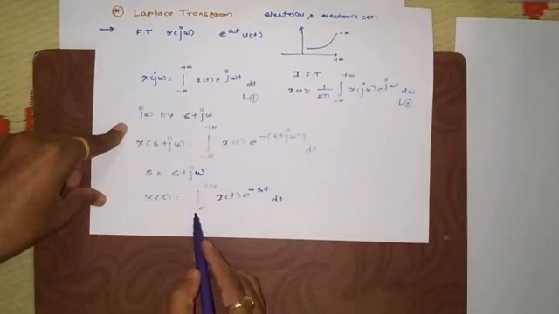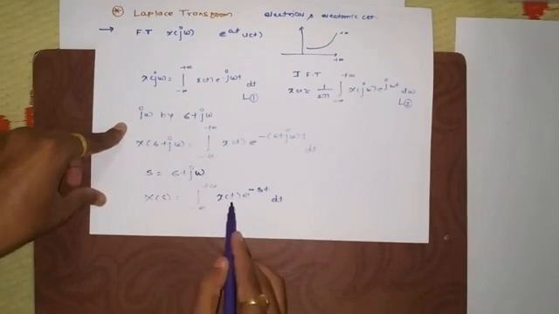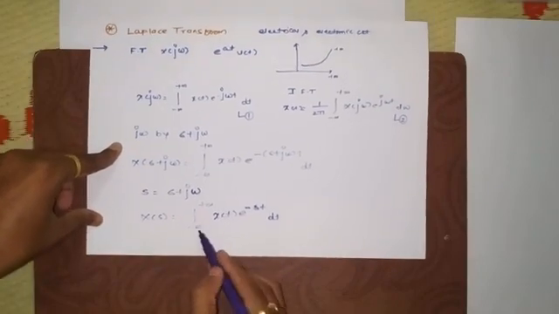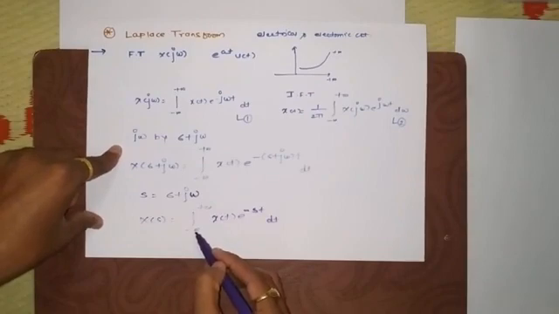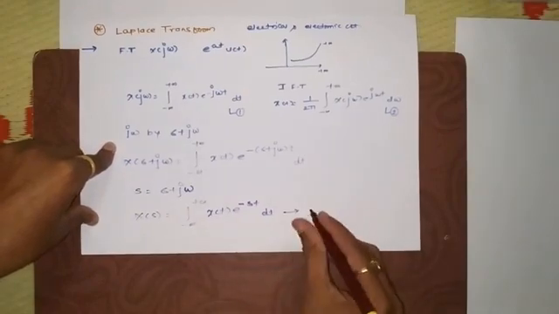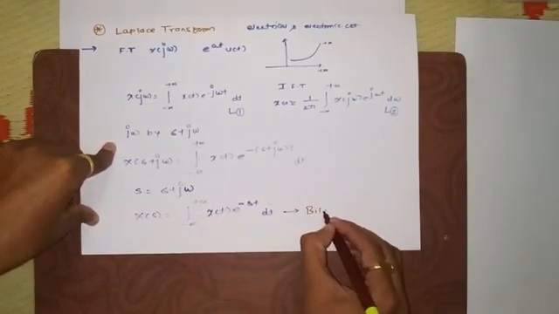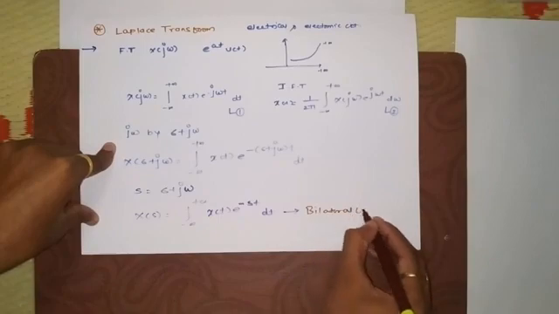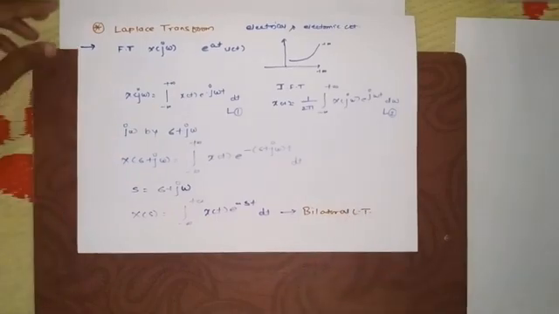Now this equation is known as the Laplace transform of input signal x of t. Basically it has both the limits, negative as well as positive, so this equation is also known as the bilateral Laplace transform equation.